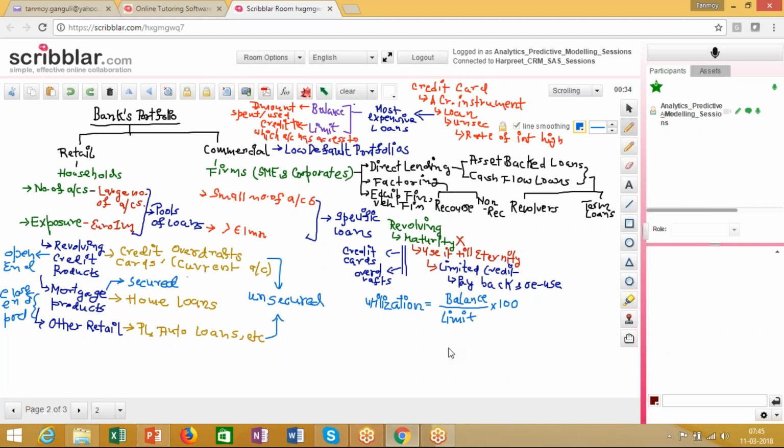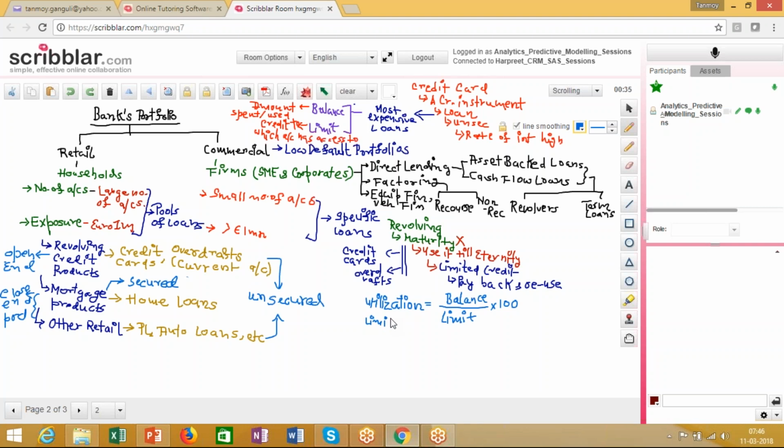Say, for example, in a given month, what you see is that the approved limit on the card of a person is 50K.